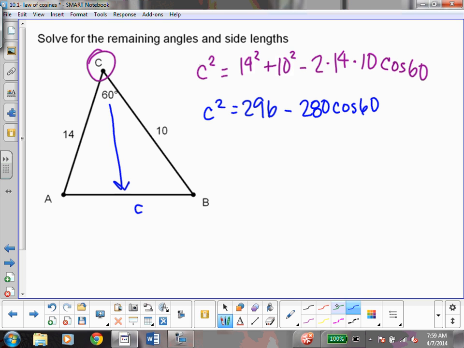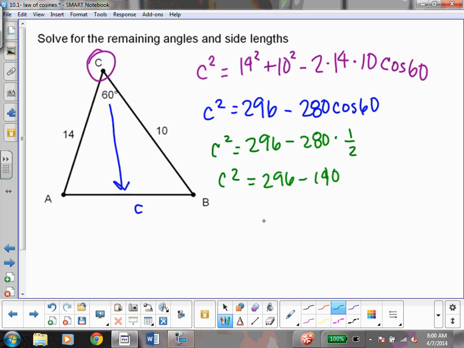It is important to follow your order of operations here. It is easy to forget. The cosine of 60, you could use your calculator, but you should remember that it is 1/2. So I've got 296 minus 280 times 1/2. 280 divided by 2 is 140.